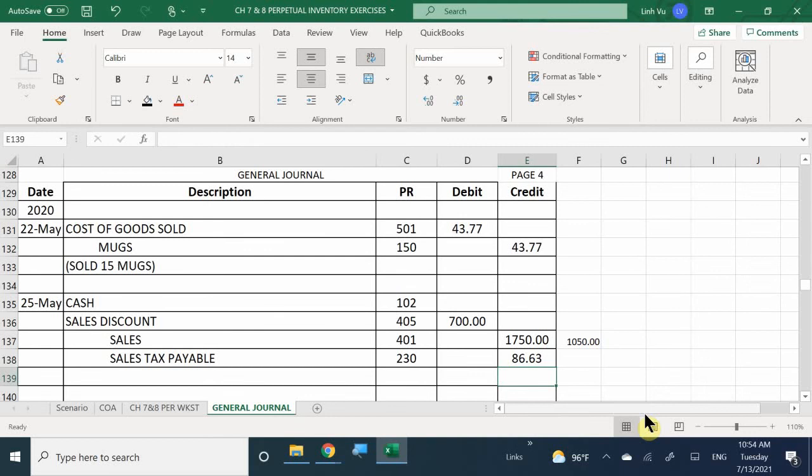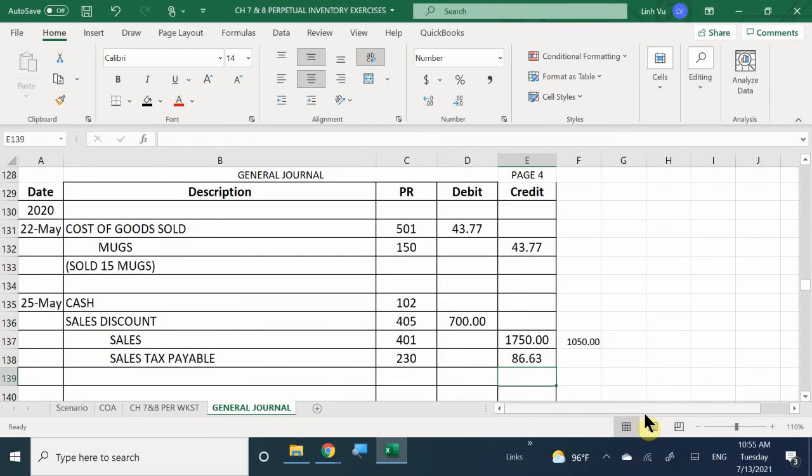So you want the amount of the discount? The 40% off of the 700? Yes. No, I want the discounted amount. So in this case, if my original was 1750 and I'm supposed to discount 700, what's my actual sales price? 1050? 1050.